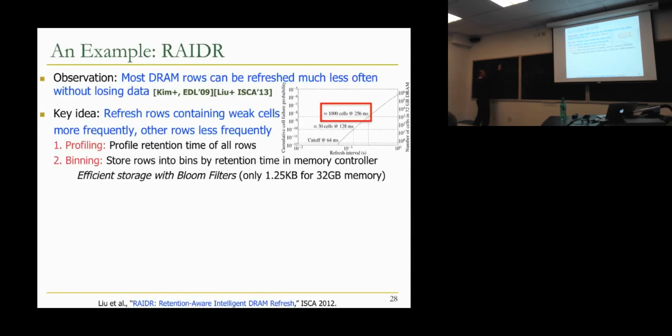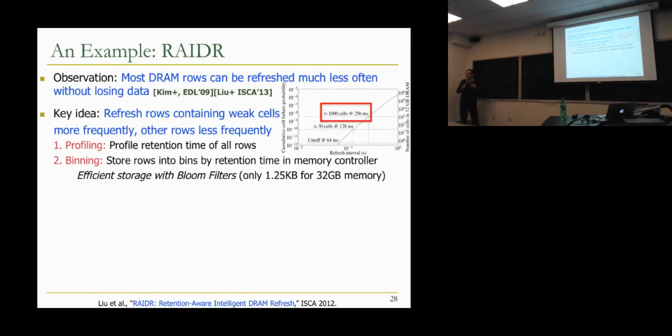Let's say row address 56 needs to be refreshed every 64 milliseconds. You indicate this by hashing the address through a hash function and setting a bit that's determined by this hash function. If this bit is set, any row address that maps to that bit through that hash function needs to be refreshed every 64 milliseconds.